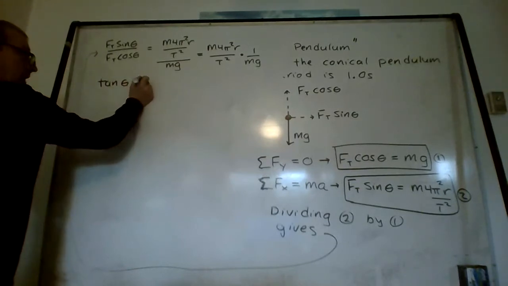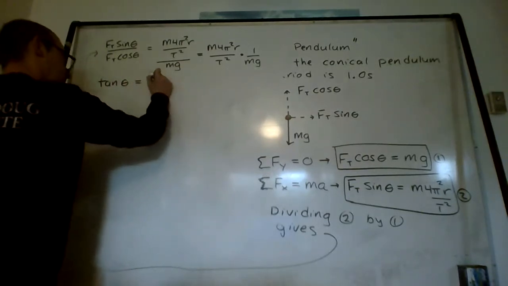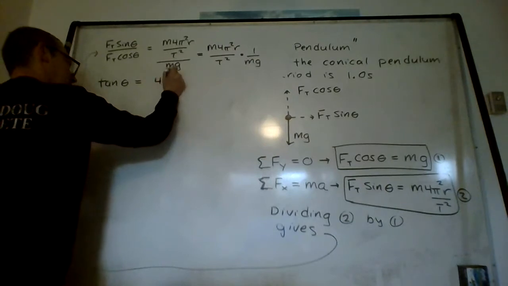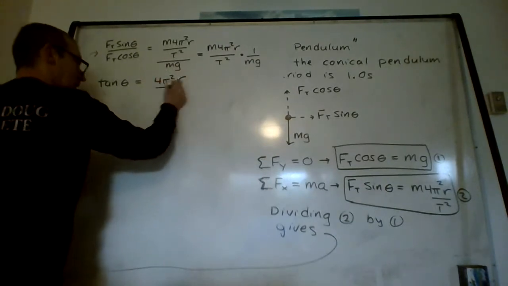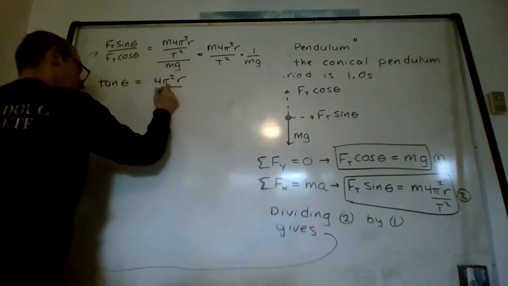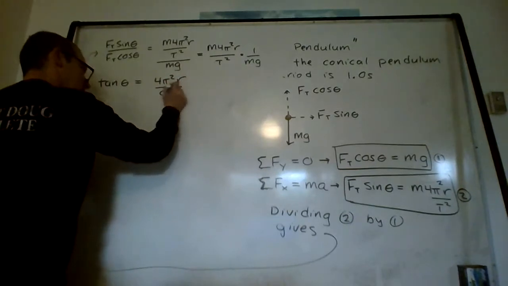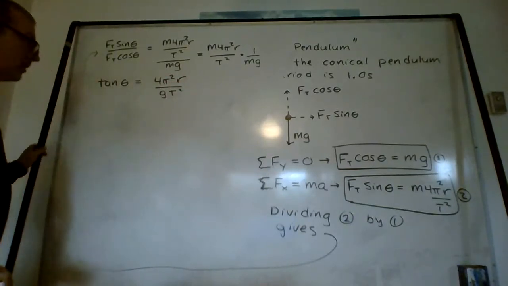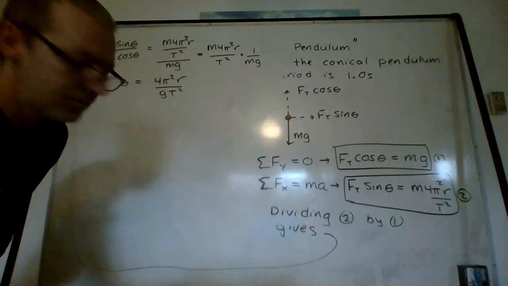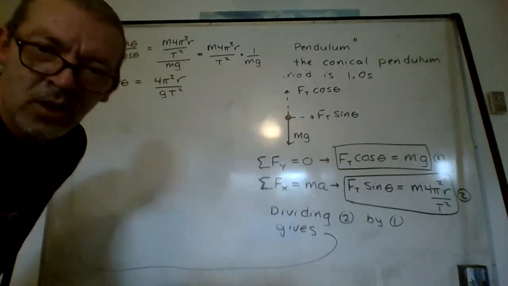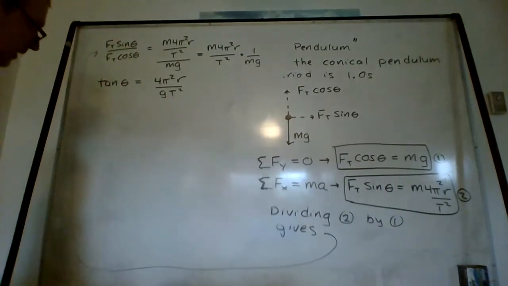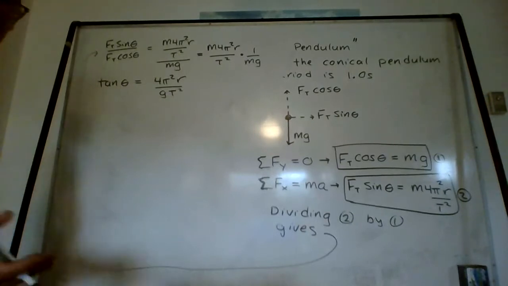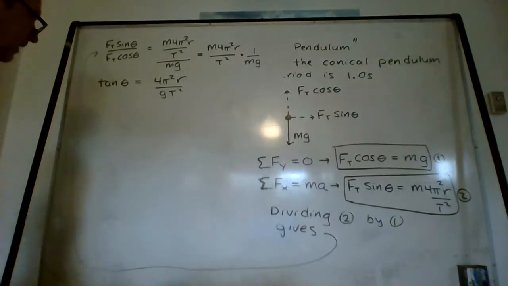So I have tan theta equals 4 pi squared r over g t squared. And now, my only unknown in that equation is the radius of the circle. So a little bit of algebra now.